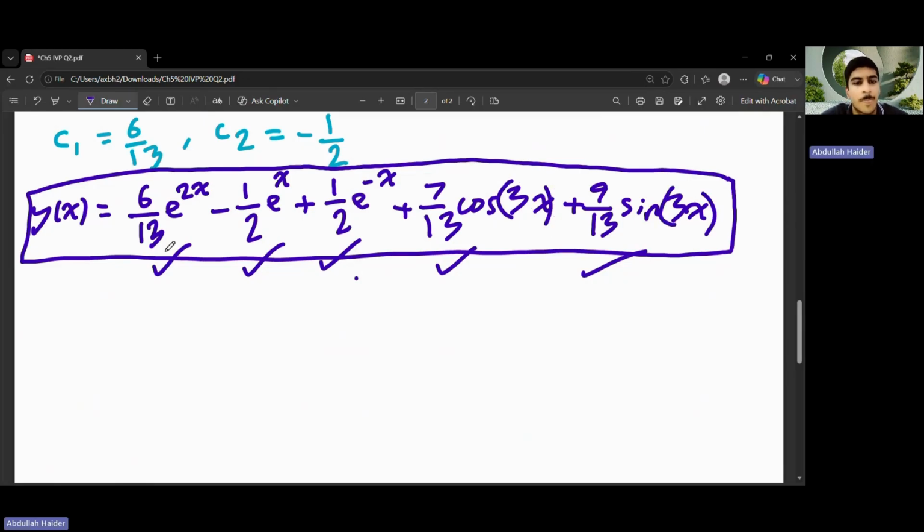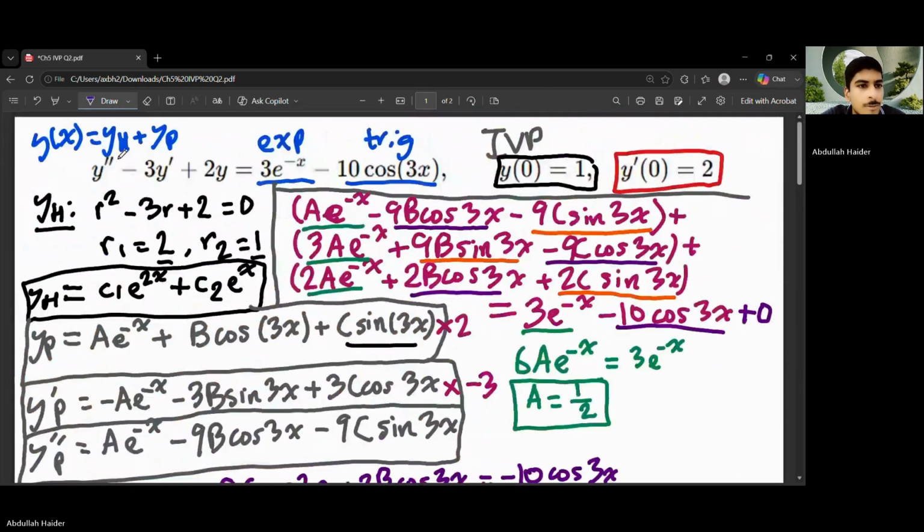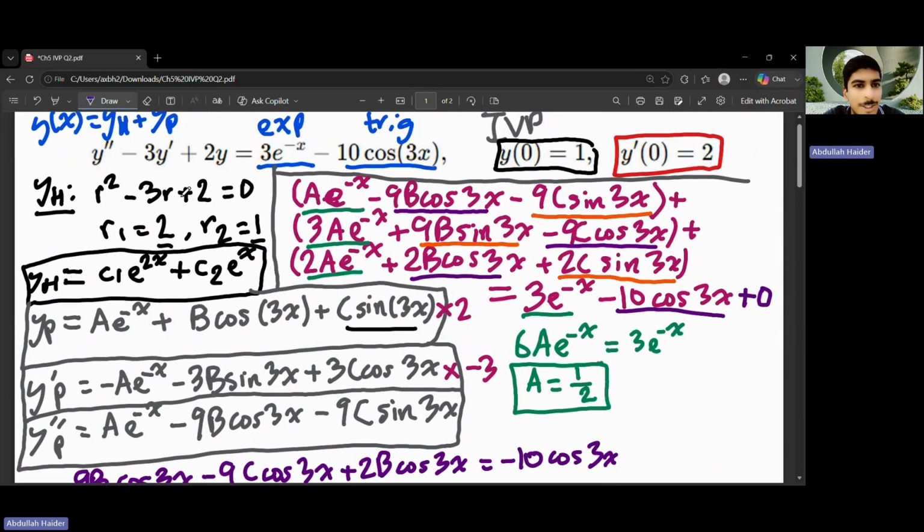Quick summary. You have this differential equation, exponential trigonometric. You first find the homogeneous solution. Distinct roots apply as it is C1 y1 plus C2 y2. Then for yp you assume a constant a, take the exponential as it is, and we have a cosine, a sine, and the constants b and c.